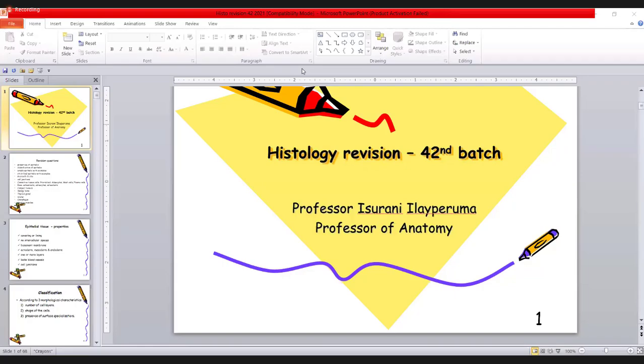So if you get a question asking you to describe the basic features or unique features of epithelia, you just have to write on those things. Is that clear? Yes, madam.